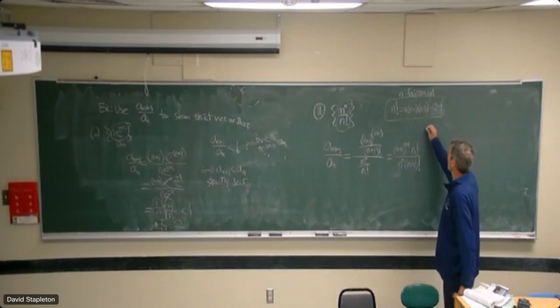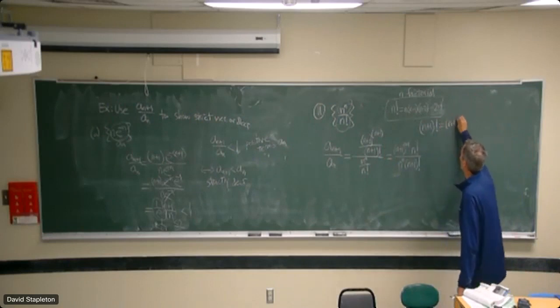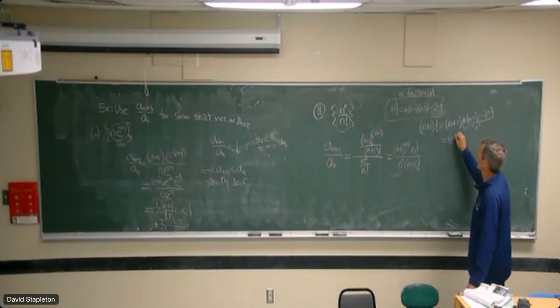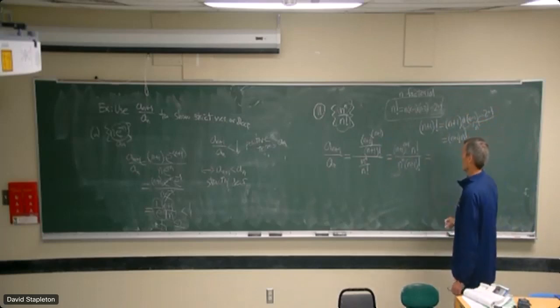Now here's a trick here. (n+1) factorial is the numbers 1 through n plus 1 multiplied together, right? n plus 1, n, all the way down to 2 times 1. But wait a minute, these numbers are n factorial, so (n+1) factorial could be rewritten as (n+1) times n factorial. Now I can get something to cancel.